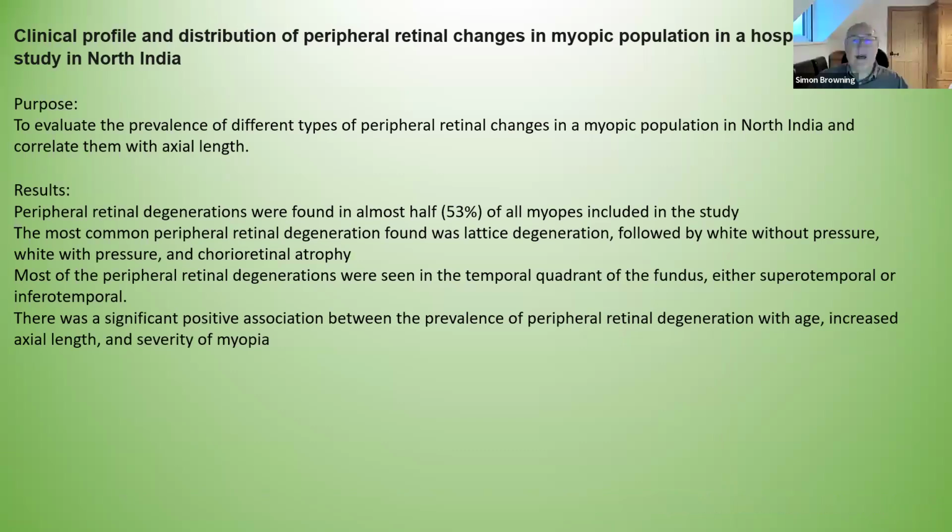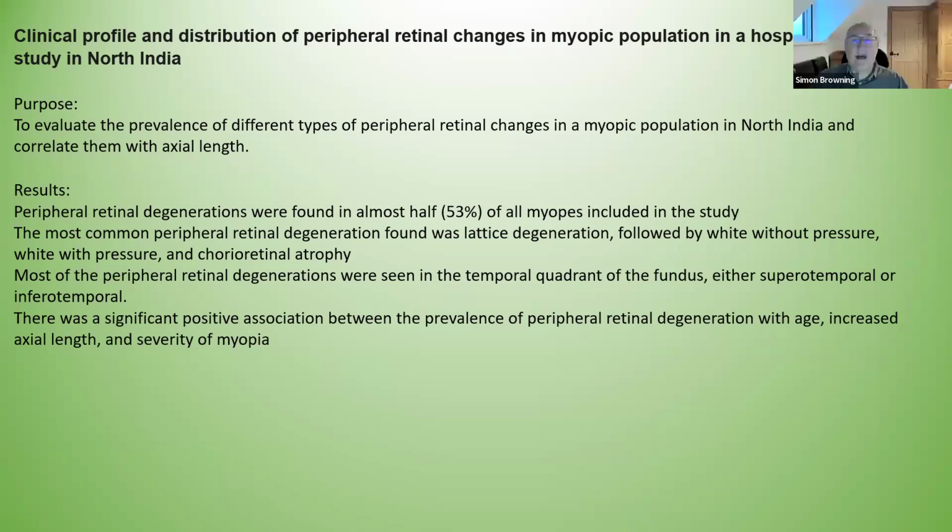And I just wanted to show you at this stage a couple of studies. This was a study carried out in North India, and this was looking at the type of peripheral changes in a myopic population. And you can see here the sort of things we're dealing with. Peripheral retinal degenerations found in just over half of all myopes in the study.